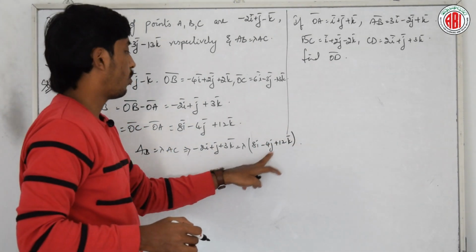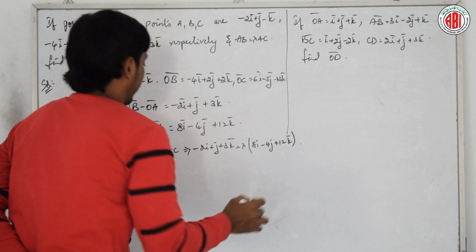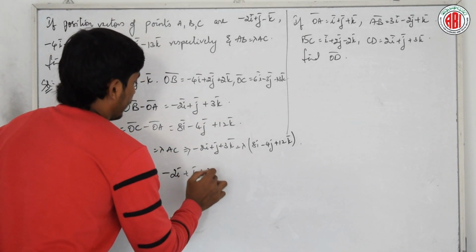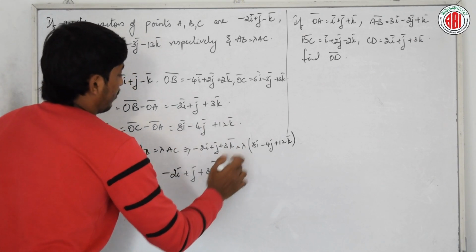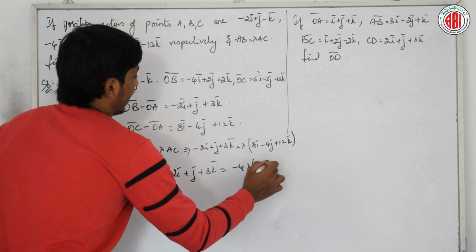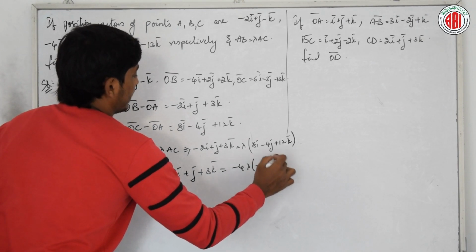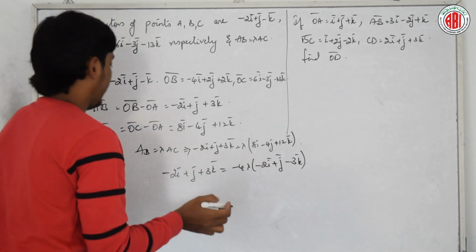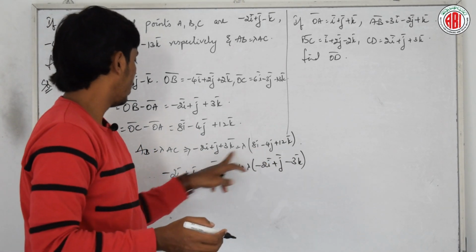Okay, can I take 4 common? Yes, right. That will be minus 2i plus j plus 3k. Let me take minus 4 common from this. This becomes minus 2i plus j minus 3k. Is it right? Yes or no?